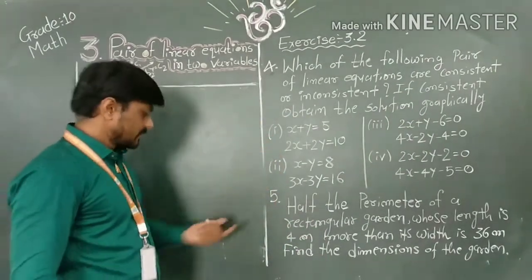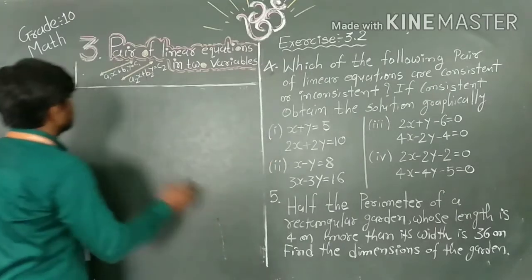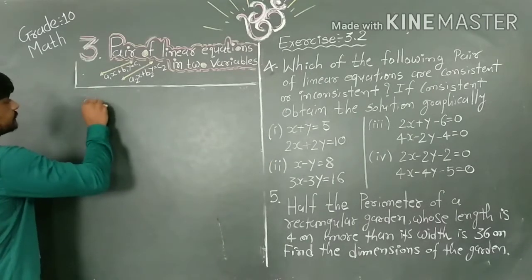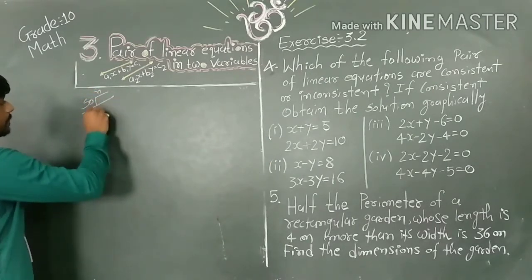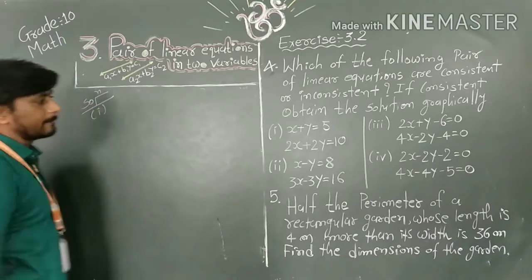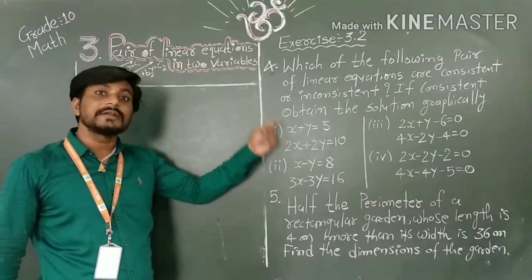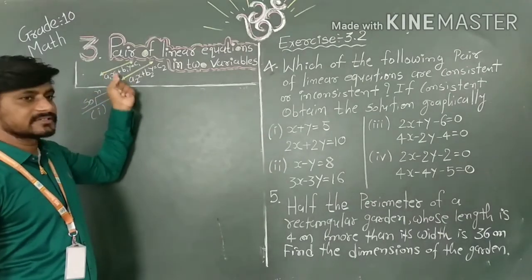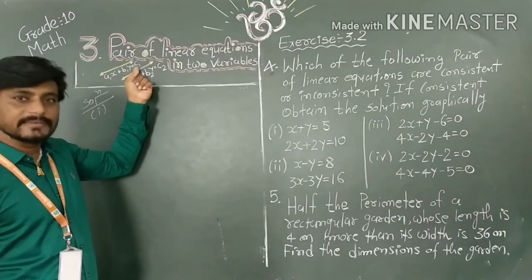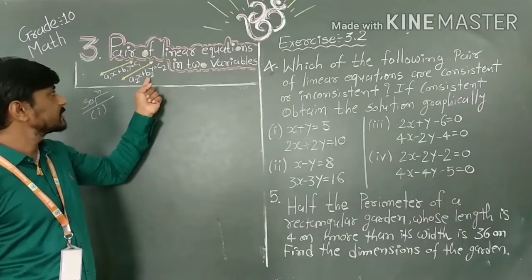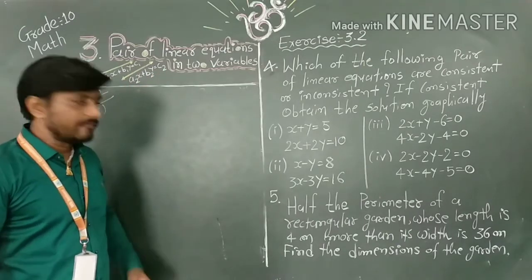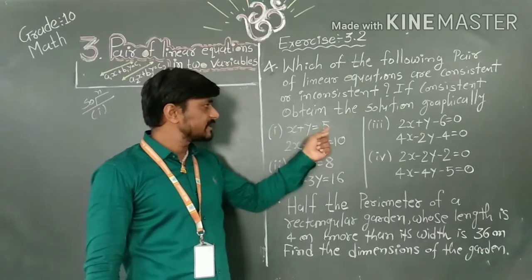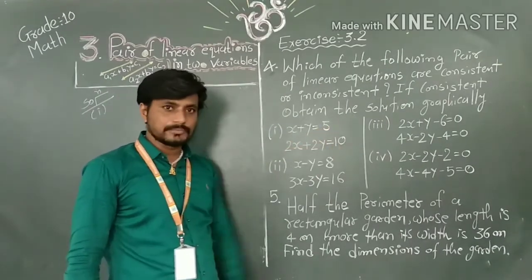First of all, for example 1, compare these two equations with the standard form of a linear equation, that means a1x plus b1y is equal to c1, a2x plus b2y is equal to c2. We get a1, b1, c1, a2, b2, c2.